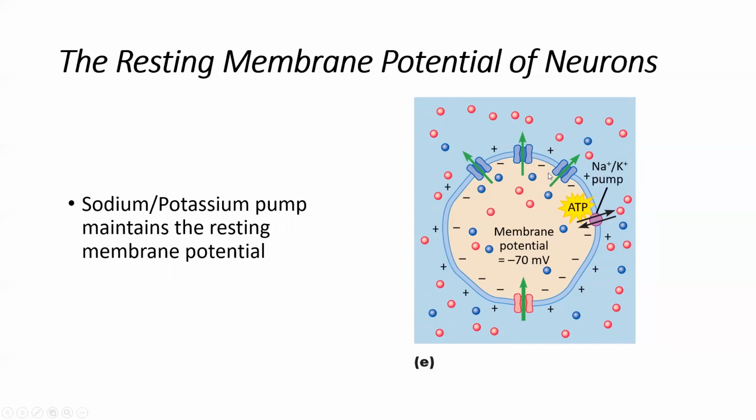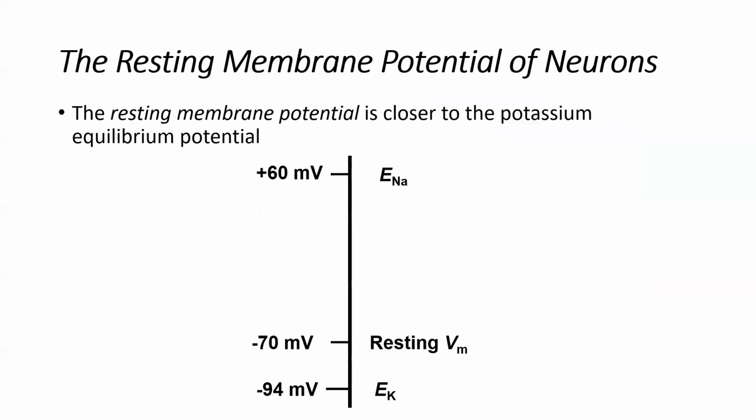That creates this opposing force where potassium wants to slowly move out of the cell, okay? So we have a strong force for sodium going in and a slow force for potassium going out. And that's how we get to that negative 70 millivolts.